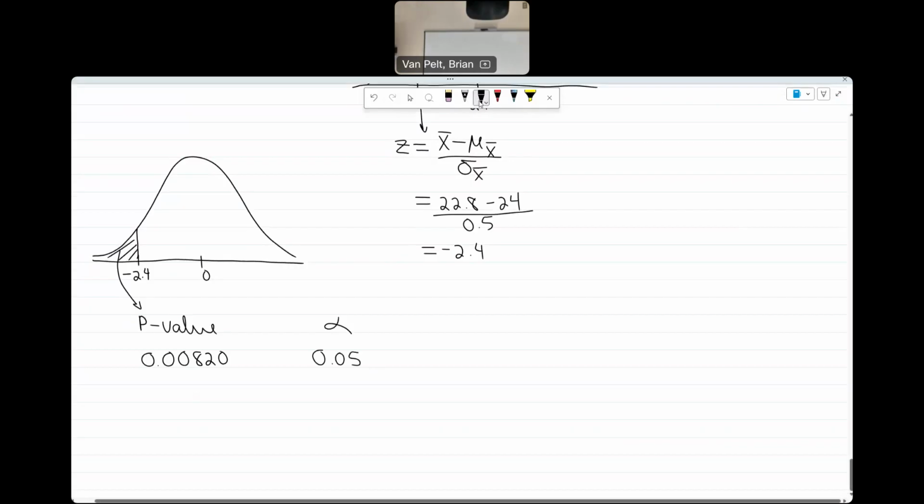Is it these numbers here? So what I got for my P value. And our decision? Reject H naught.